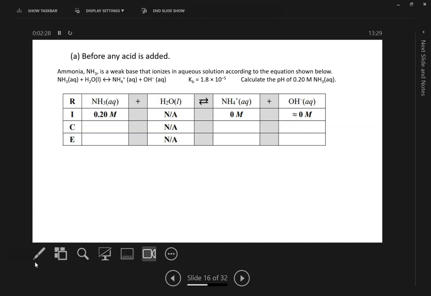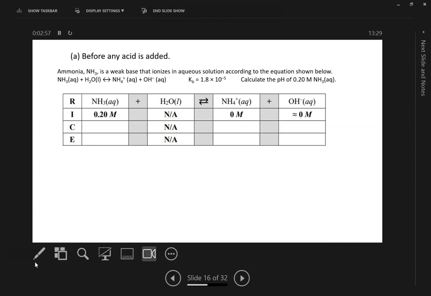Before any acid is added, we have ammonia, which is a weak base. It ionizes in an aqueous solution according to this equation: NH3 plus water reacts to form, in an equilibrium manner, NH4+ and OH-. Kb is given as 1.8 times 10 to the minus 5th, and we're asked to calculate the pH of a 0.2 molar solution.